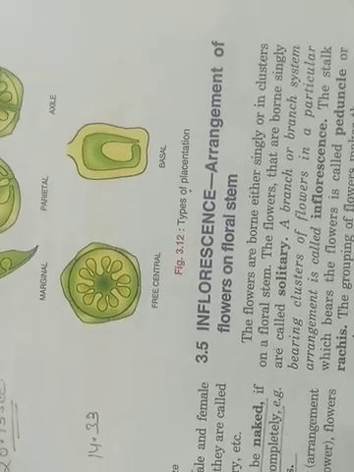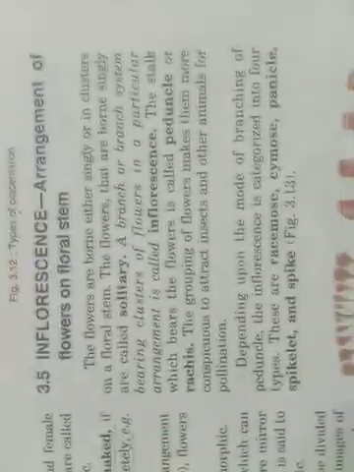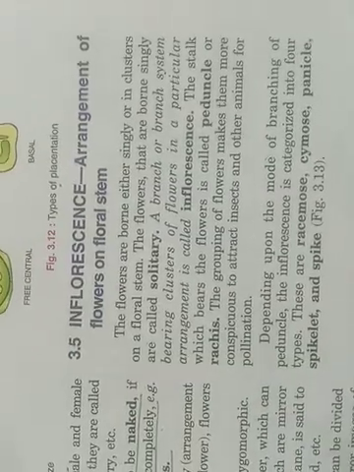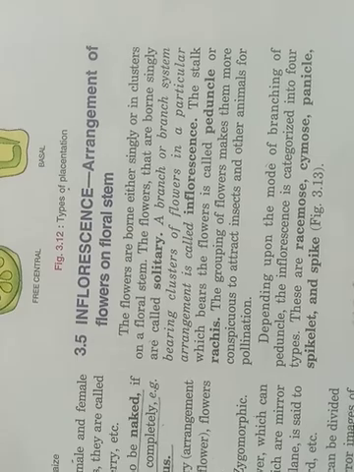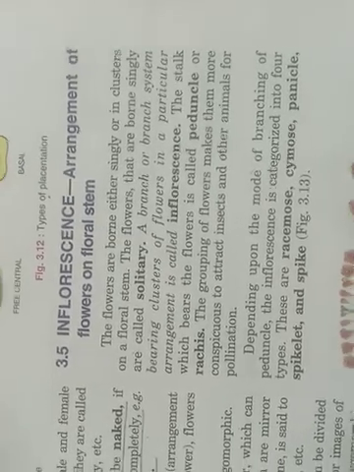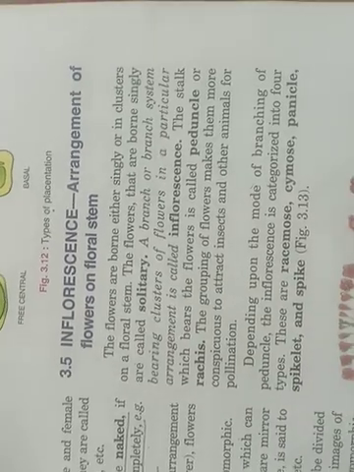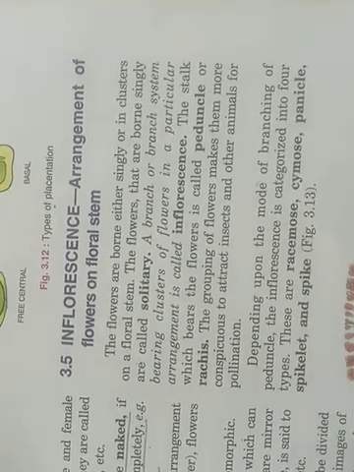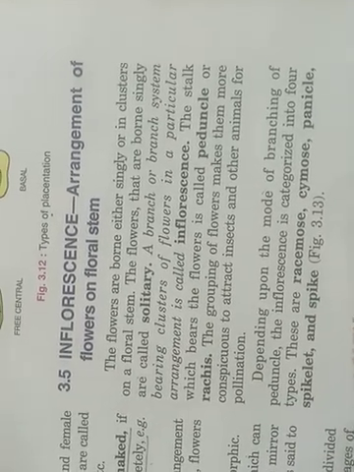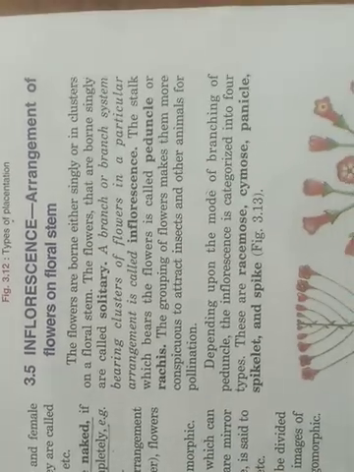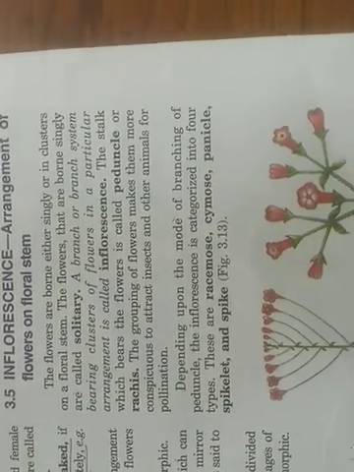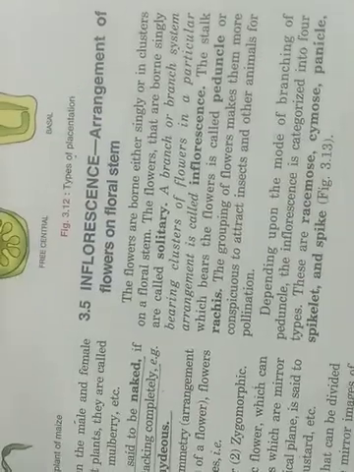Now about the inflorescence. Children, you have studied about the flower, and the stalk of the flower is known as the pedicel. So when a group of flowers appears on a stalk, they are known as inflorescence, and the stalk is known as the peduncle. So here we will see what it is.